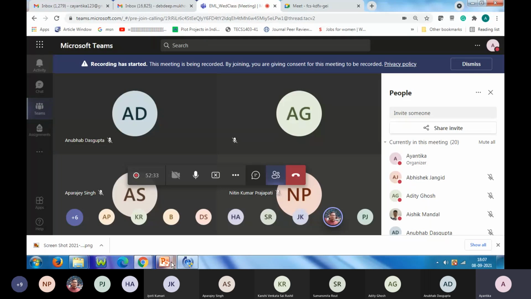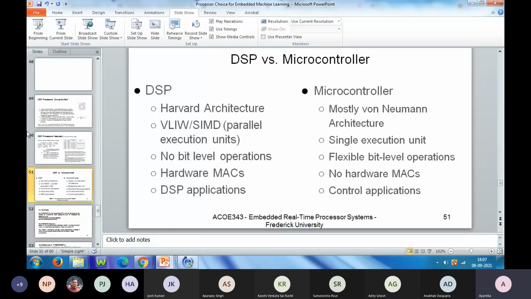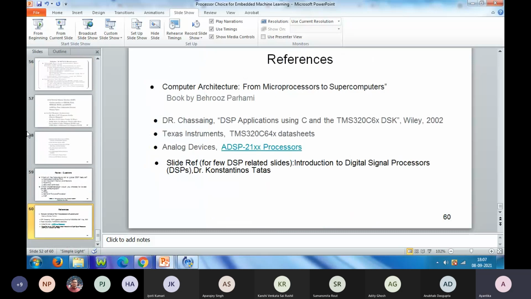Okay, just go through this part, and maybe for some of you these processor related concepts are not so common. I think you can refer to this book. I have added it here also, so you will get some online PDF of this book.